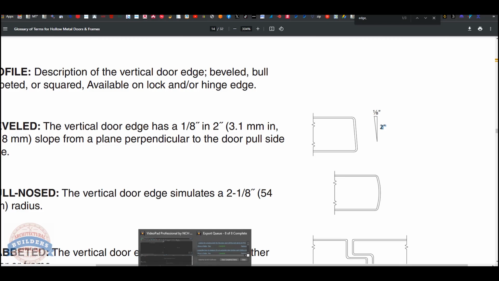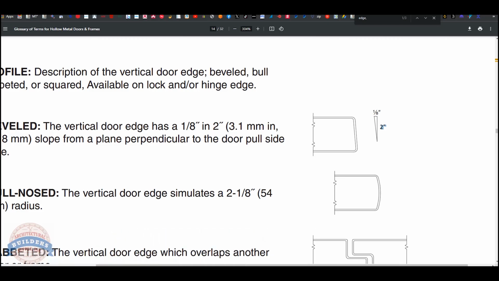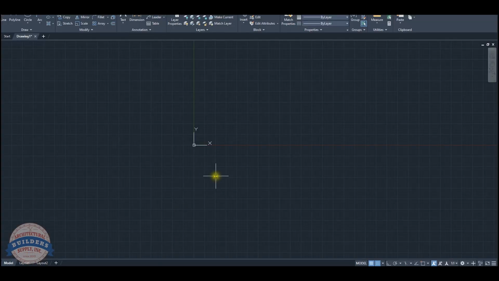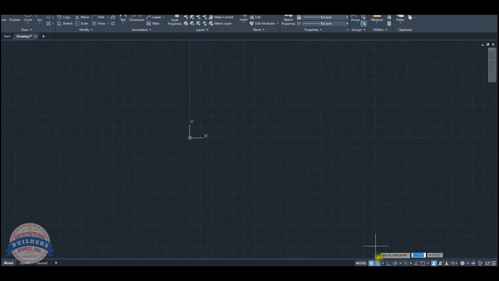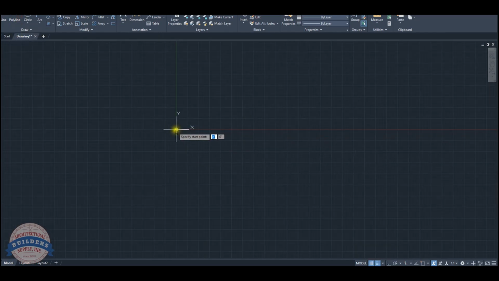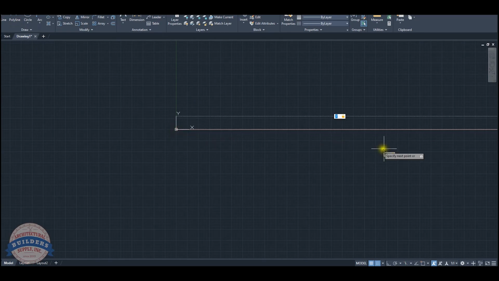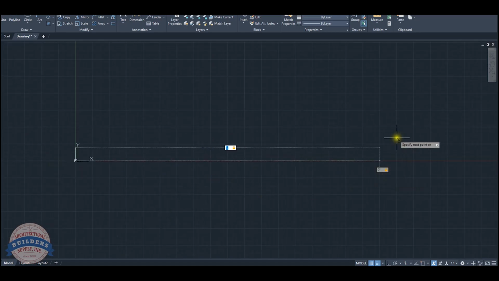So not wanting to rely on actually drawing it by hand, let's pull up a modern day version of a mechanical pencil and ruler. Okay, so this is AutoCAD, or AutoCAD Lite anyway. I'm going to draw a polyline, and just for the sake of ease, I'm going to start it at the origin. So we're going to go 36 over. And then we're going to go 2-inch.